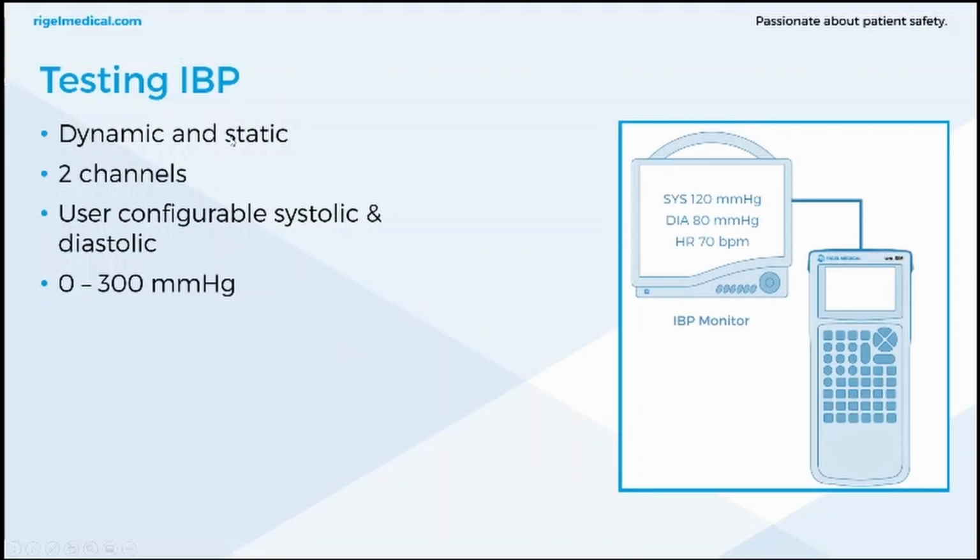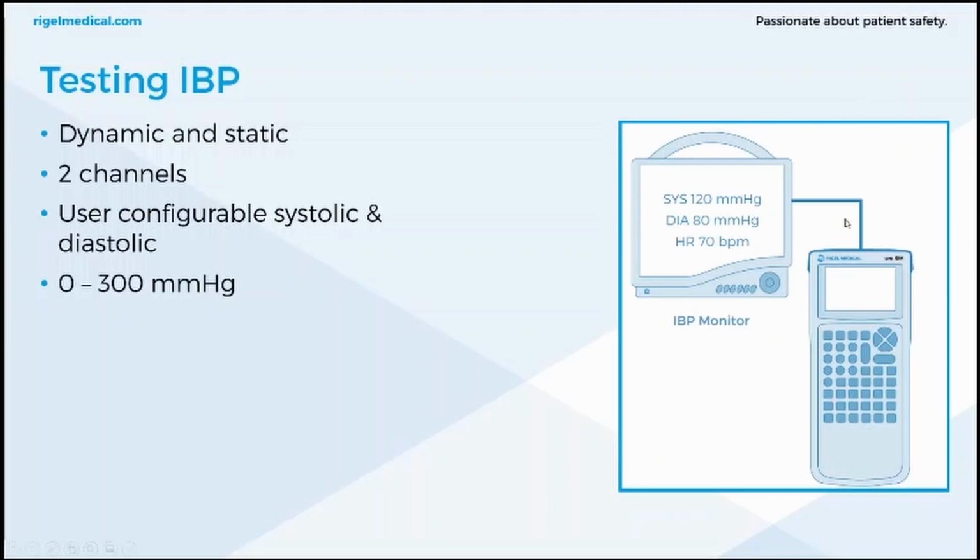Dynamic and static. So the static pressure tests are useful for verifying the performance of the internal transducer. A linearity test can be done similar to that of NIBP in order just to verify the accuracy of the monitor over a pressure range. The accuracy of the pressure transducer can also be verified using a dynamic pressure simulation.